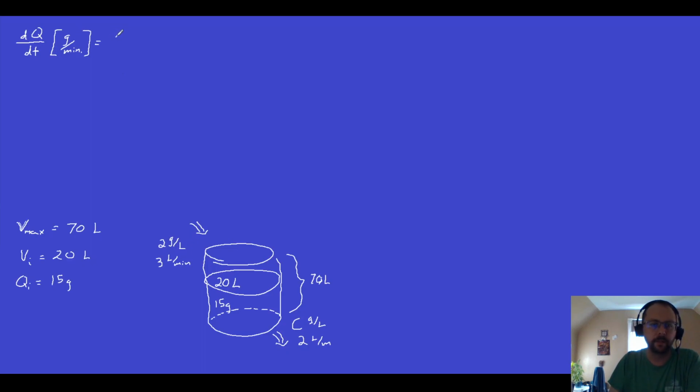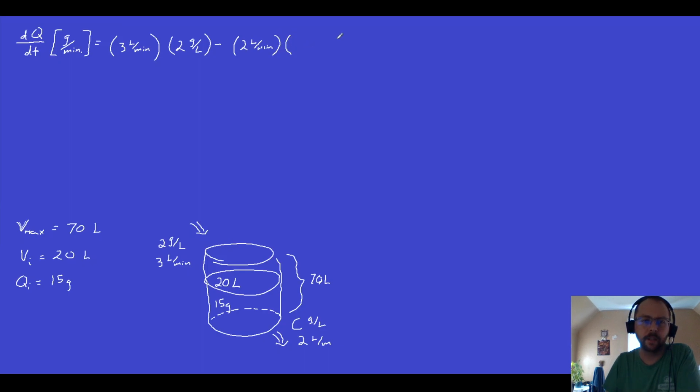So we have 3 liters per minute, which is our rate, times 2 grams per liter, which is our concentration, minus the rate going out, 2 liters per minute, and then times the concentration. But we don't have any function for concentration.